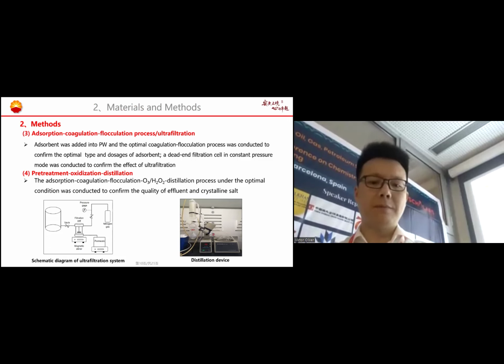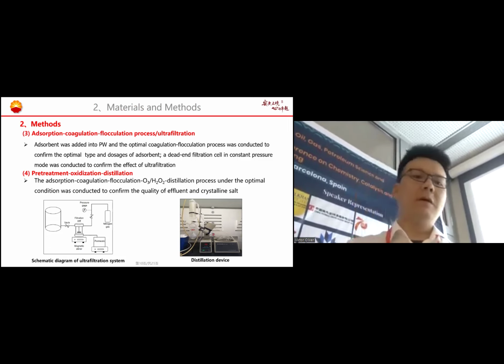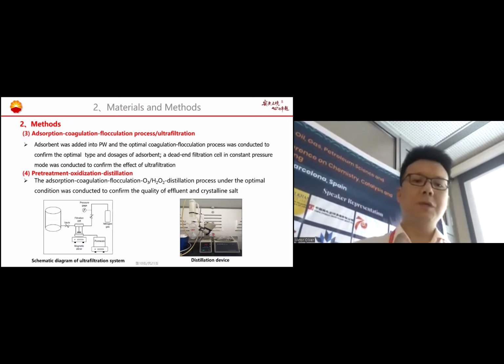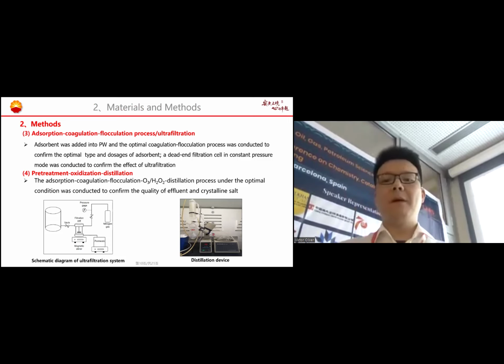The schematic diagram of the ultrafiltration system is shown in the figure. And the fourth method is pretreatment, oxidation, and distillation. The adsorption, coagulation, flocculation, ozone, hydrogen peroxide, and distillation process under the optimal condition was conducted to confirm the quality of effluent and crystalline salt.